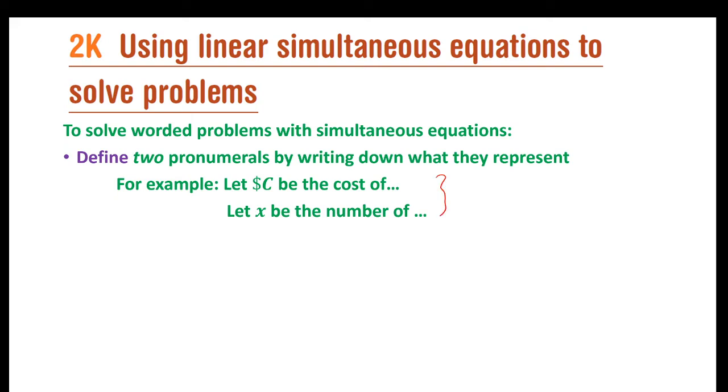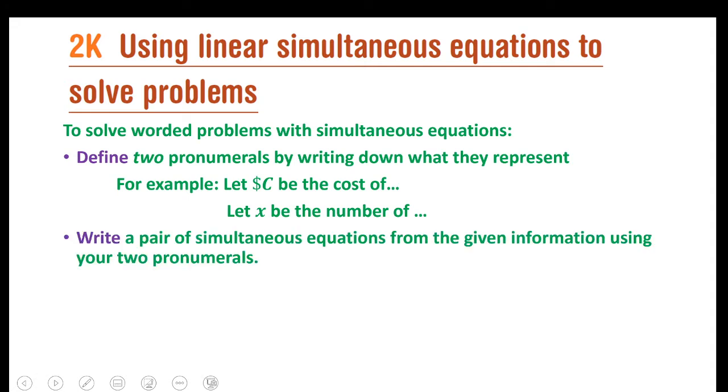So for example, let C be the cost of X number of cats, something like that. The letters should represent something. C is usually a good one for cost. X is a good one for number. N's also a good one for number too.